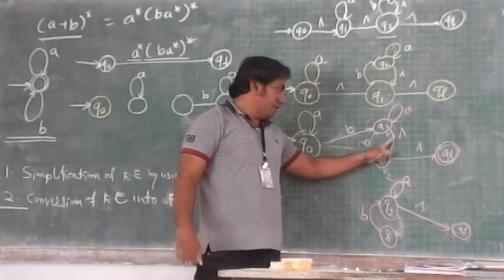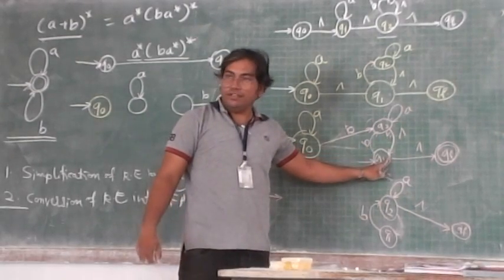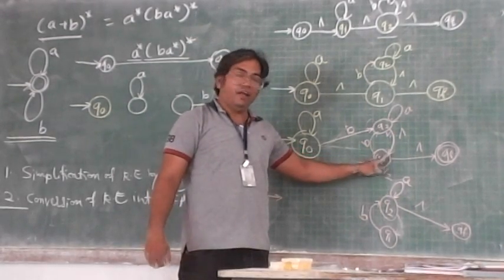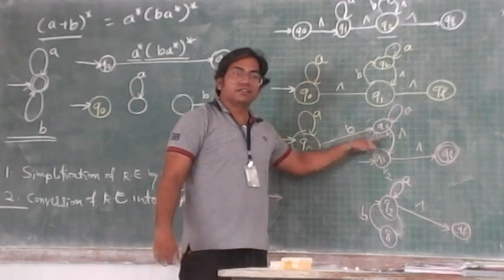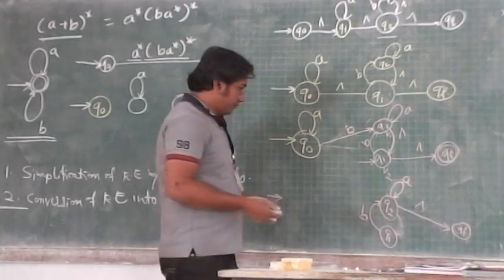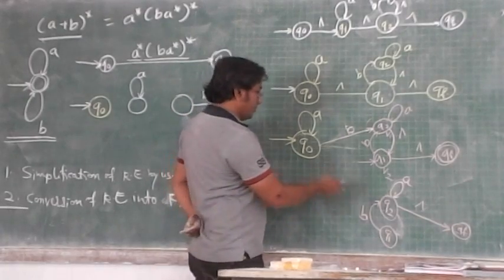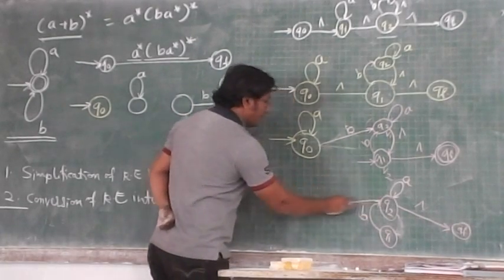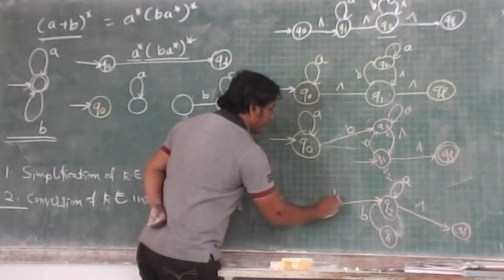So V1 is not an initial state, then you need not make any initial state here, and V2 is not a final state. In that case, this V1 will not be a final state. So after application of this much, you simply go on drawing your transition diagram.